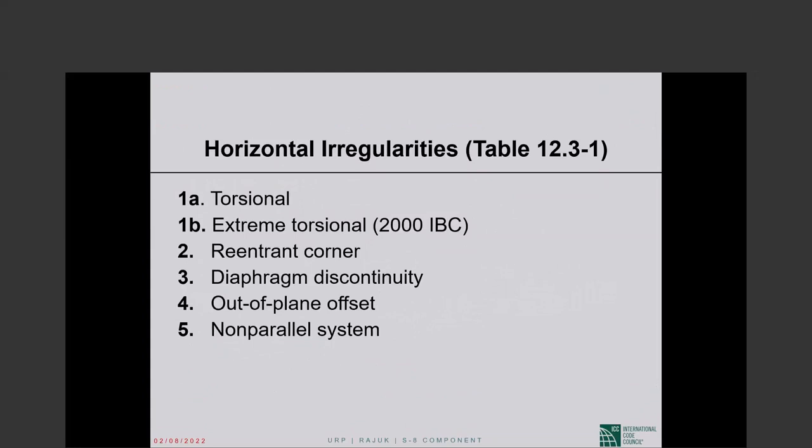So you have seen this list yesterday. Horizontal irregularities: torsional, extreme torsional, which was introduced in the 2000 IBC, that was not in the 1988 UBC; re-entrant corner, diaphragm discontinuity, out-of-plane offset, non-parallel system.